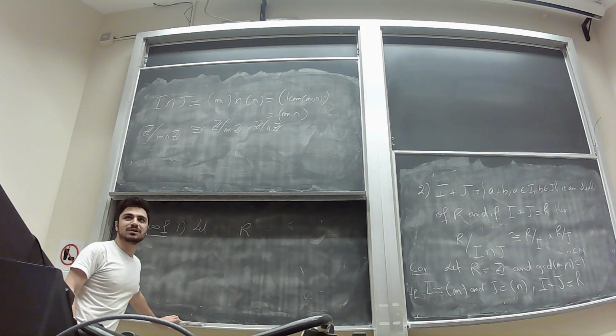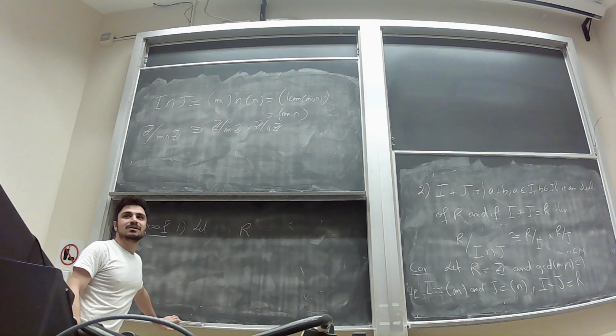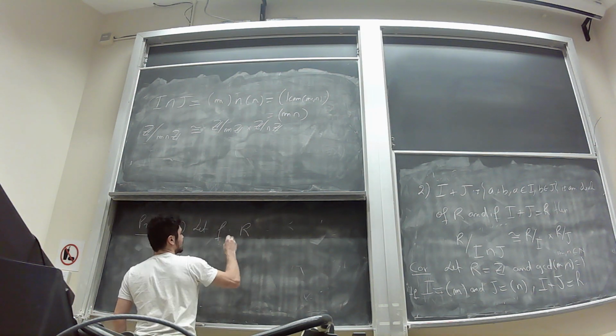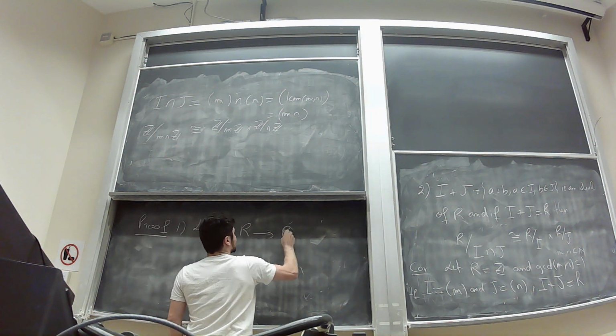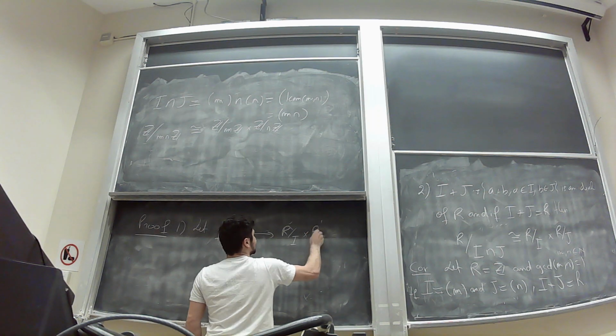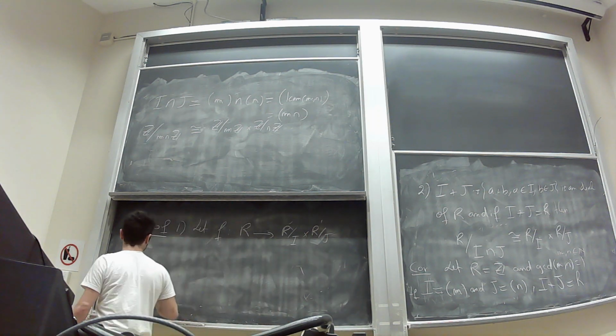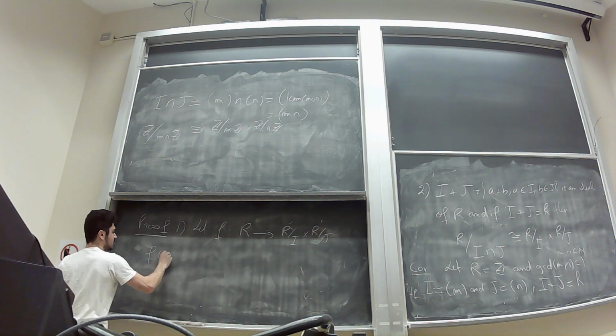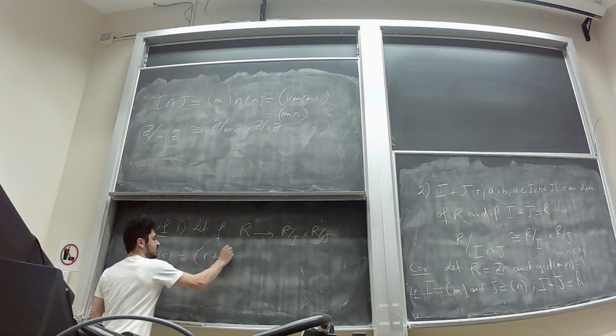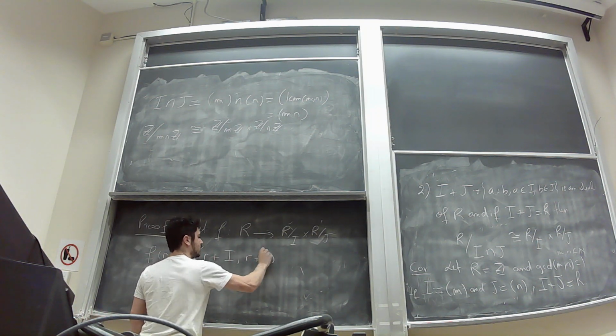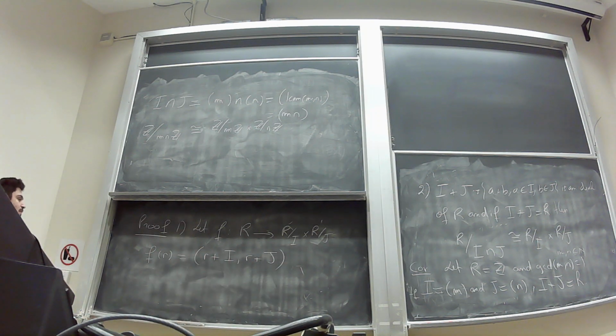I don't want to call it phi, because phi is used for something else. Let f, never use f for homomorphism, from R to R mod I times R mod J, be defined by f of r is just (r plus I, r plus J). Now f is a ring homomorphism.